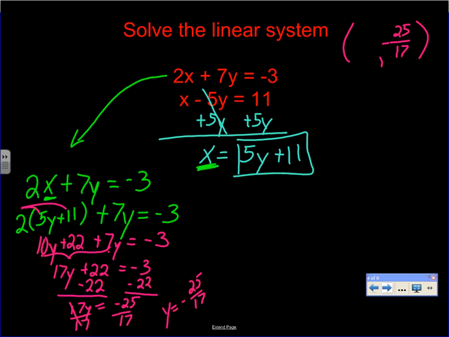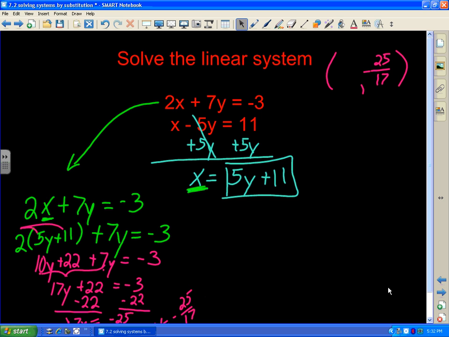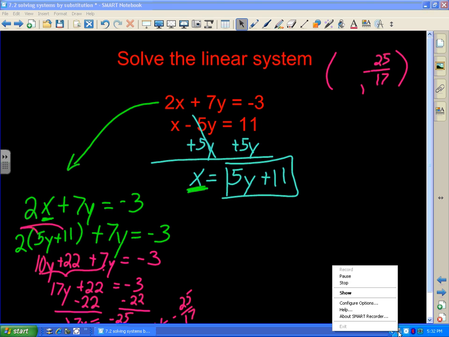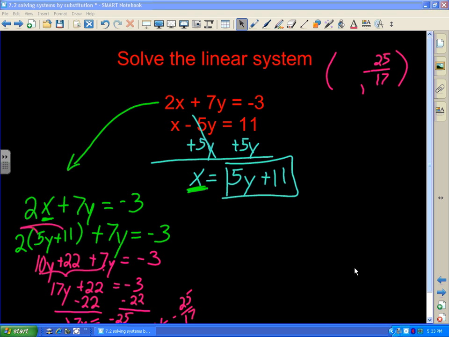And then from here, we just plug it back in for y and solve for x. Okay, so we're looking to solve for x.